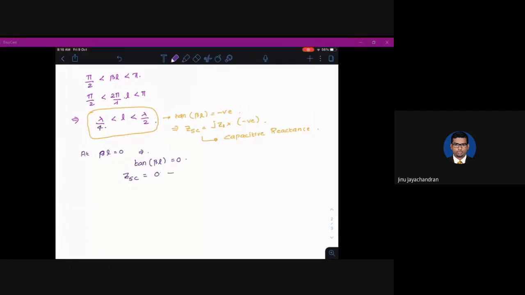This resembles a series resonance circuit in which the impedance is 0.